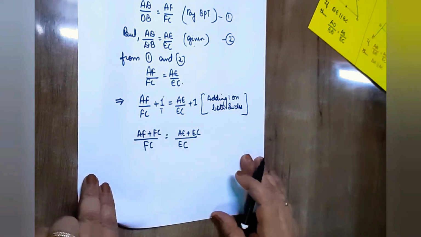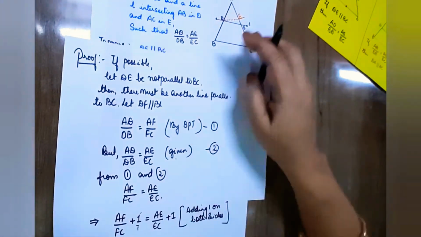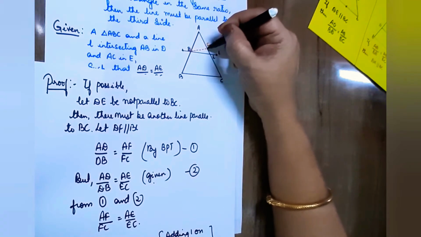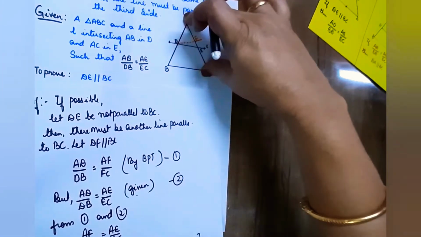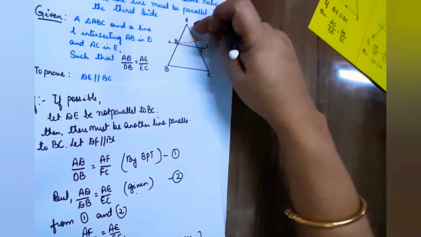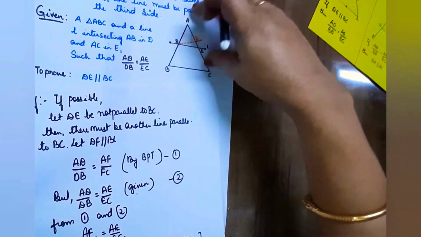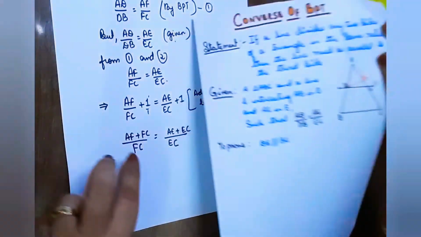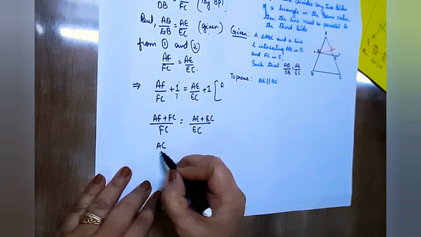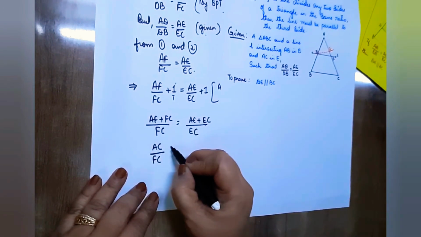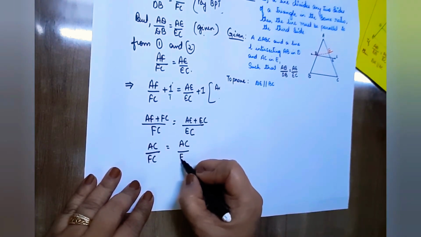From the figure, let us check: AF plus FC is AC, and AE plus EC also is AC. So here we get AC by FC equal to AC by EC.